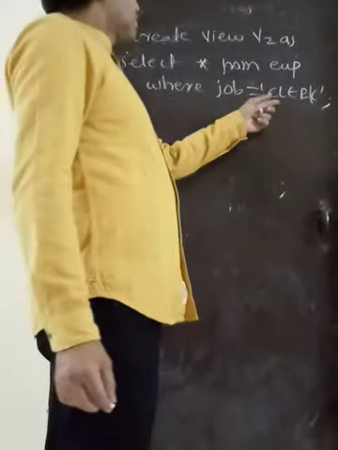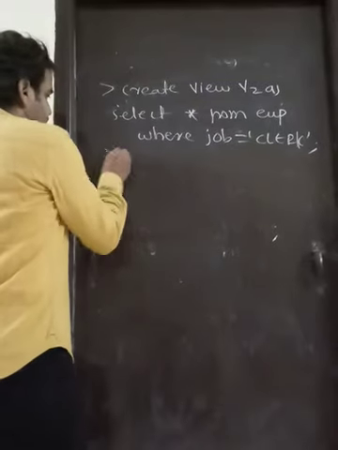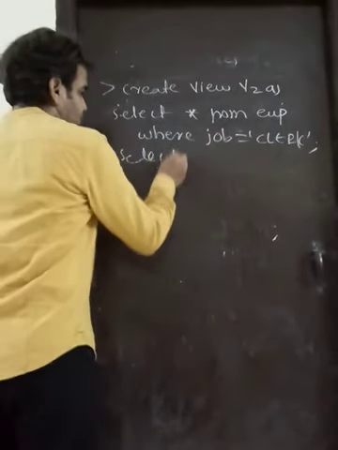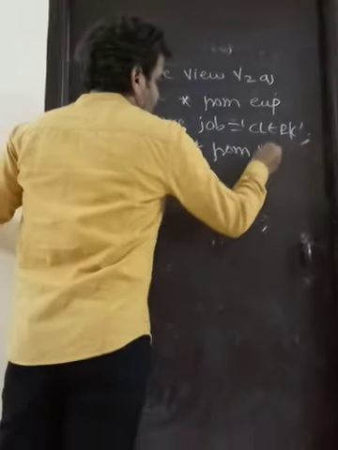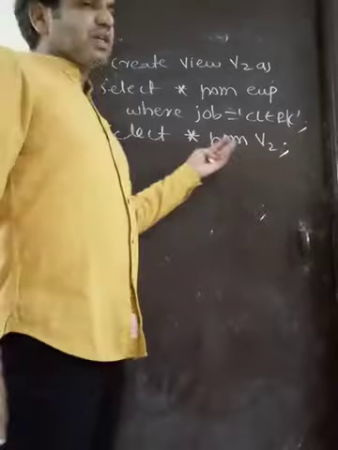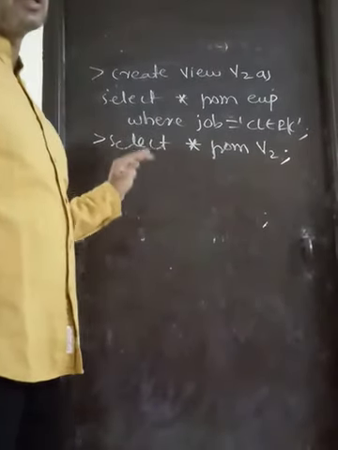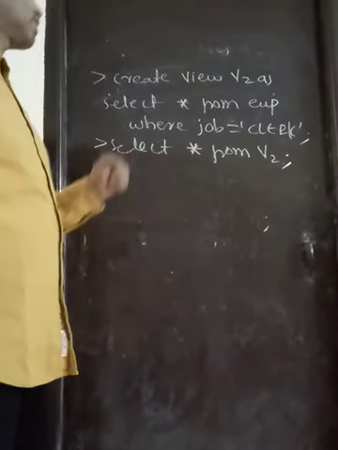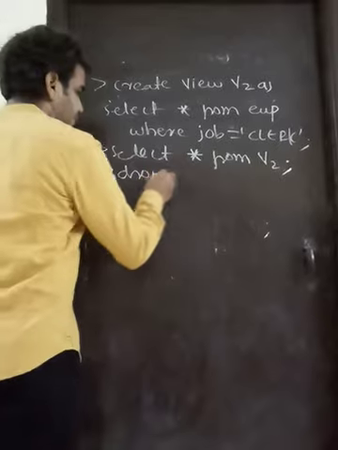The employees whose job is clerk, that information we are storing in v2, and how are we accessing it? Select star from v2. It will display information of view v2 whose job equals clerk. All columns of information will display, but the condition is that the job is clerk. Okay, now drop view v2.